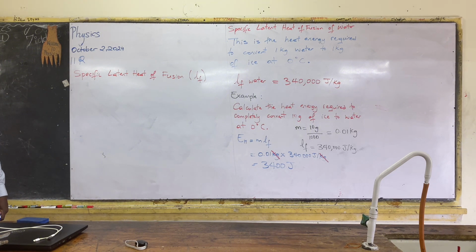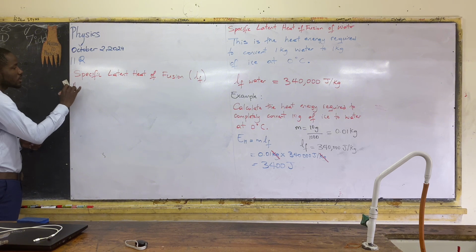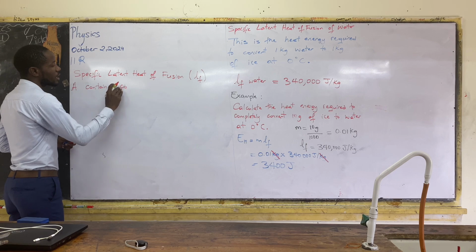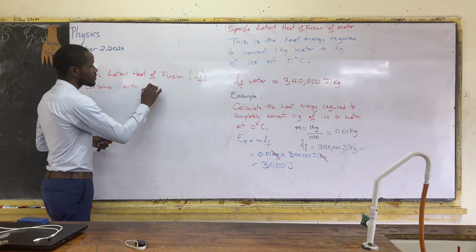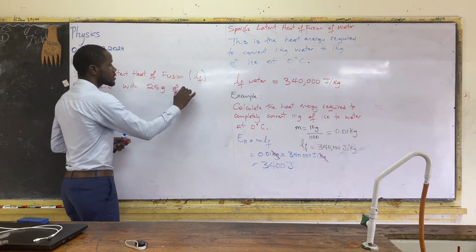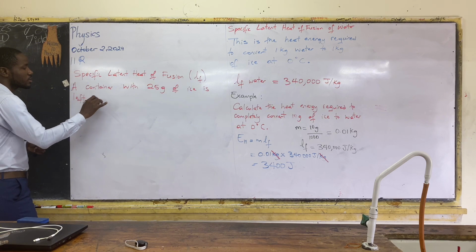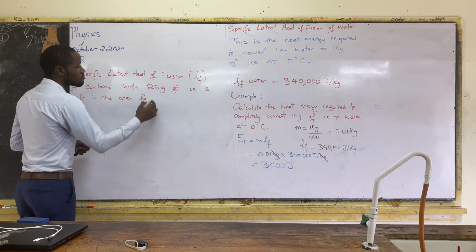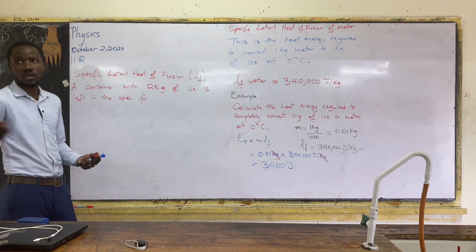So, let's say that a container with 25 grams of ice is left in the open for, let's say, it doesn't really matter the time, but let me just put the time here because maybe I can pull off another question from it.